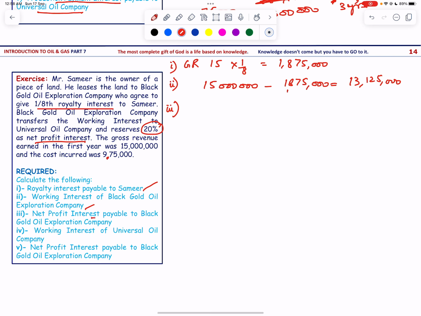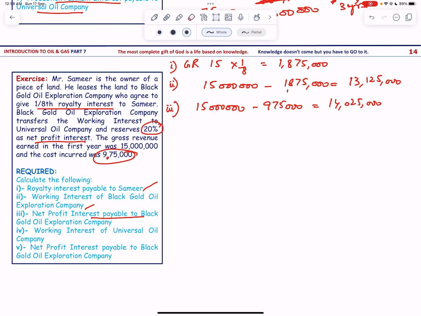Net profit interest payable to Black Gold Oil Corporation. So once again we have the total revenue of 15 million, and the cost is 975,000. So the net profit will be equal to 14,025,000. Okay, we move on to number 4.